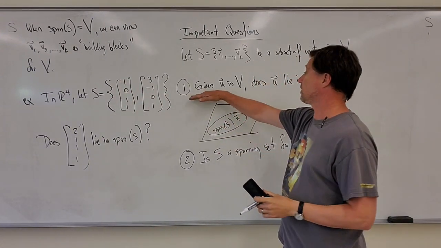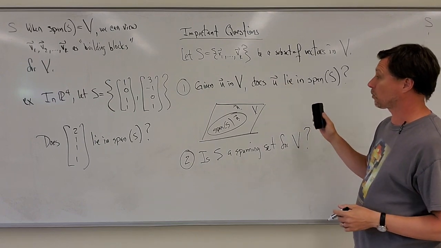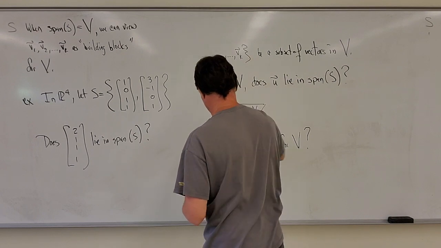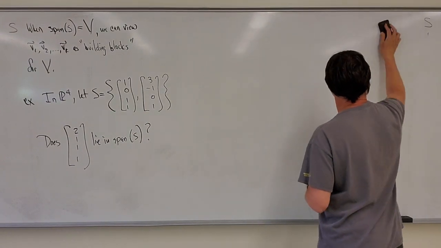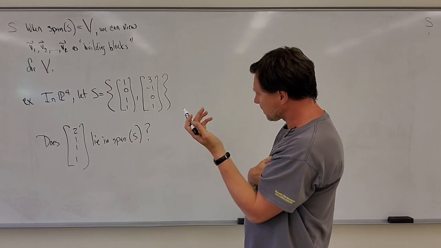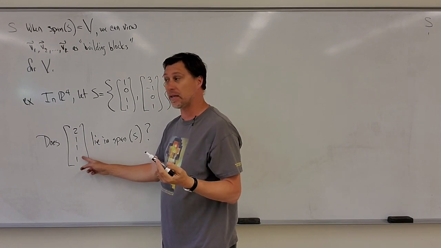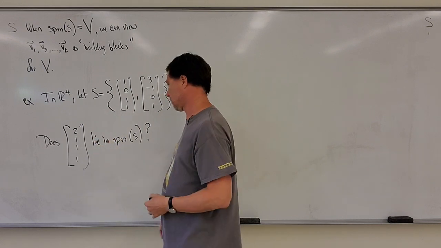So this is an example of answering question number 1. Okay, so how do we answer this? Well, the answer will be yes if this vector (2, 1, 1, 1) can be expressed as a linear combination of these two. And the answer will be no if you can't.